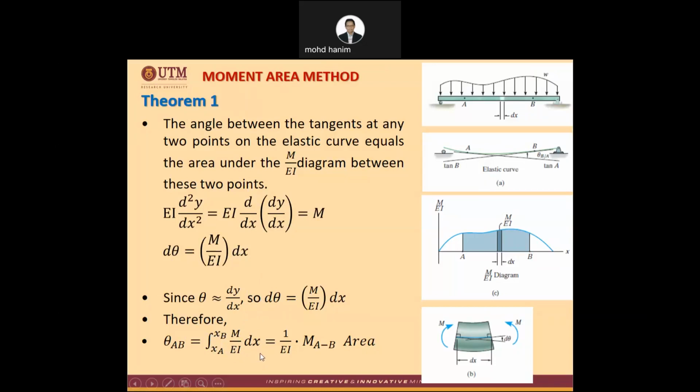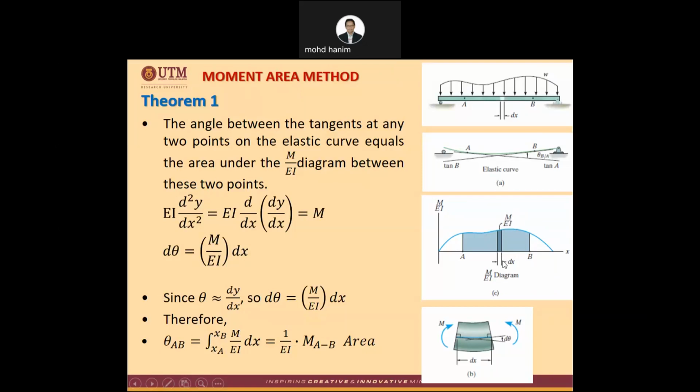So this is the mathematical expression. M over EI dx is the area here, this one. M over EI dx is the width of this segment multiplied by the height of this segment. The height is equal to M over EI.